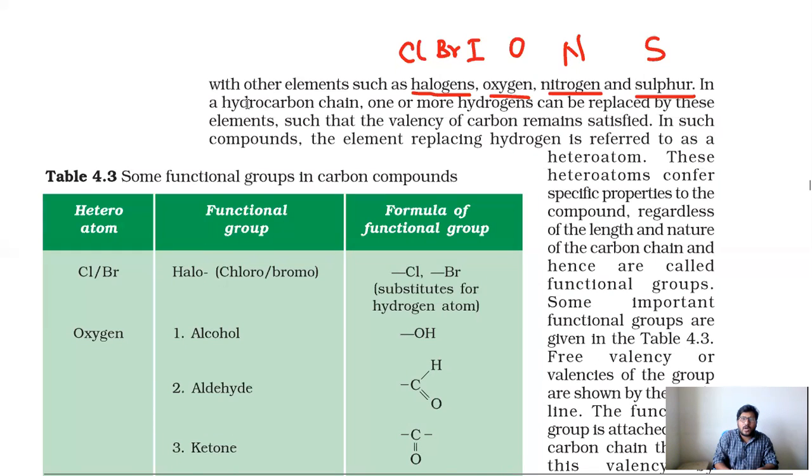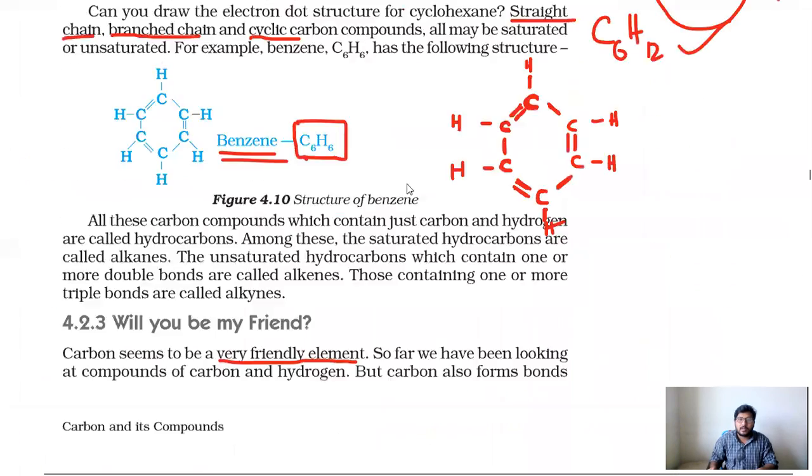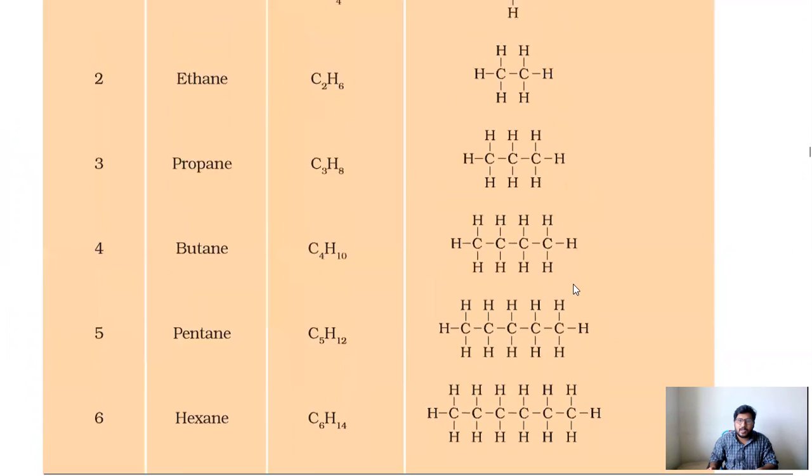In a hydrocarbon chain. Guys, what is meant by hydrocarbon chain? In a compound, if you find only hydrogen and carbons, that's it. That is known as a hydrocarbon compound or hydrocarbon chain. One or more hydrogens can be replaced by these elements. For example, if you see this table, we have pentane.